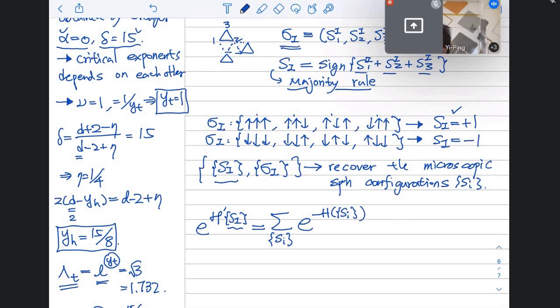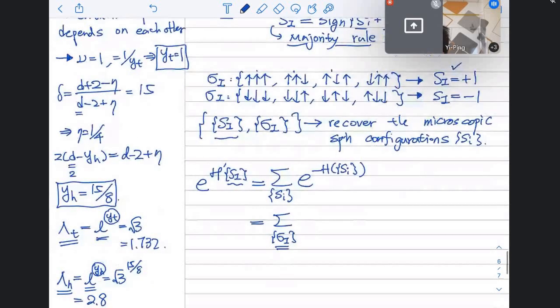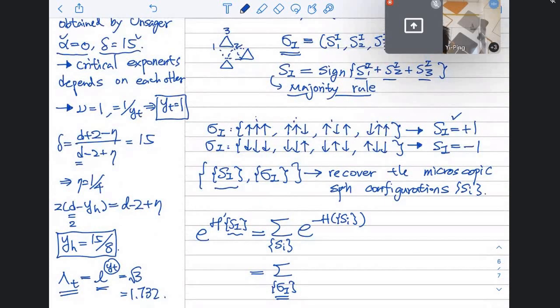But now, instead, we try to sum over just partially the little spin configurations sigma_i. For each triangular plaquette i, there will be at least such little spin configurations, and we try to sum them up.